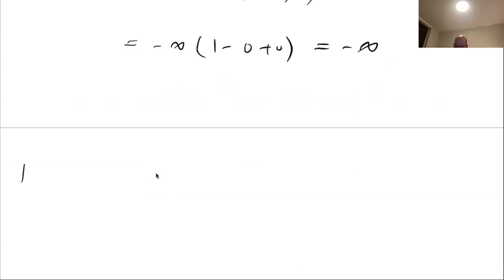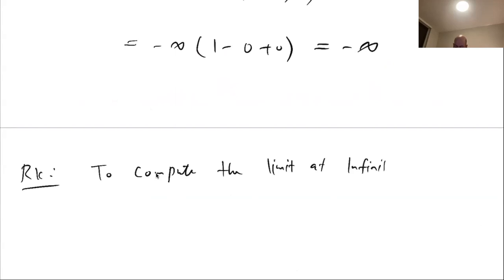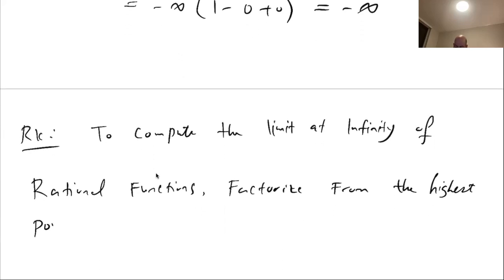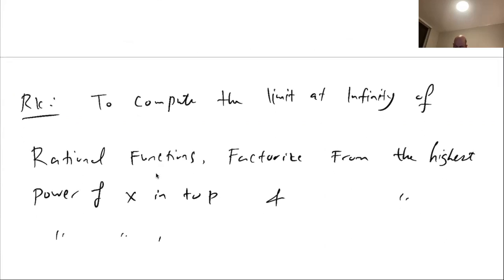Now, remark: to compute the limit at infinity of rational functions, factorize from the highest power of x in the top, and the highest power of x in the bottom.